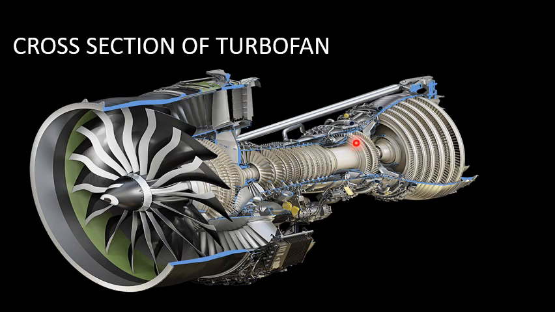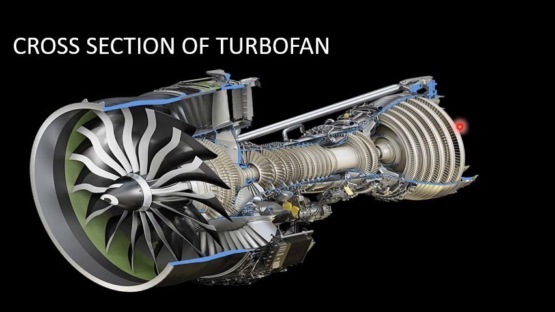And after that, these are various turbine blades, or it is called a turbine, where these turbine blades are made out of single crystal and they are attached to a central shaft. The turbine blades are mainly made out of nickel based alloys.